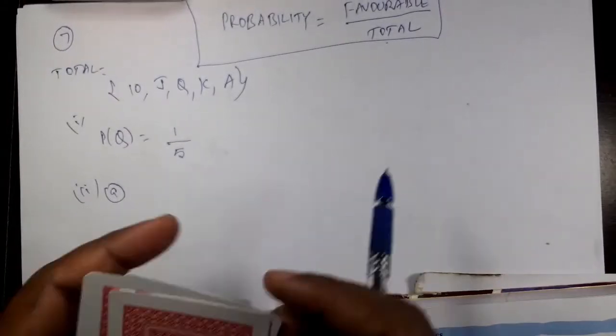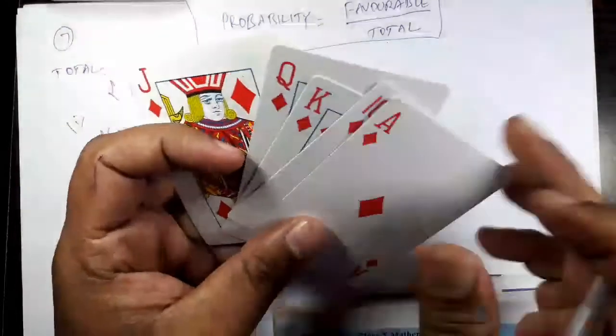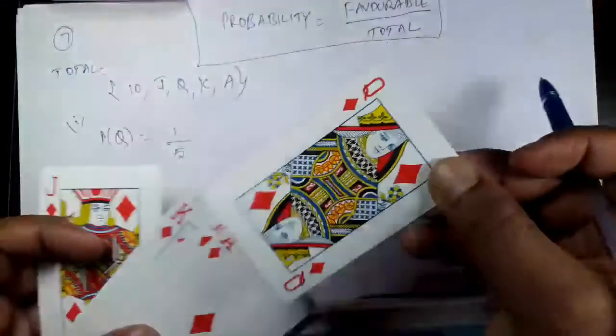Coming to second part. If the queen is drawn and put aside, what is the probability that the second card picked up is an ace, a queen? That is the question. So it has got again two parts. What he says? Queen is drawn and put aside. Of these five cards, this queen is drawn out and put aside.